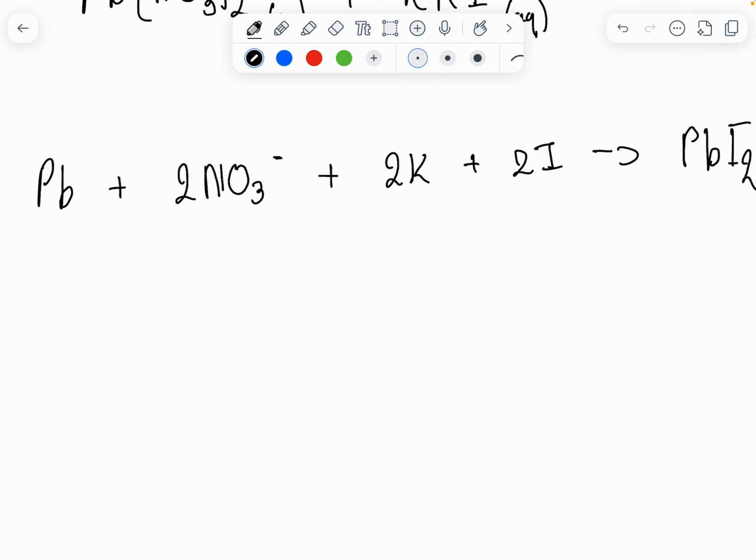So we have the 2 multiplies with the minus, so it's going to be 2 plus here.